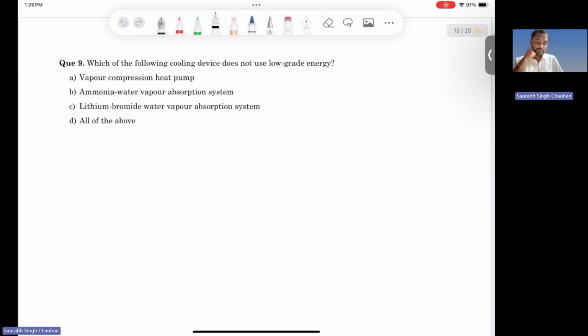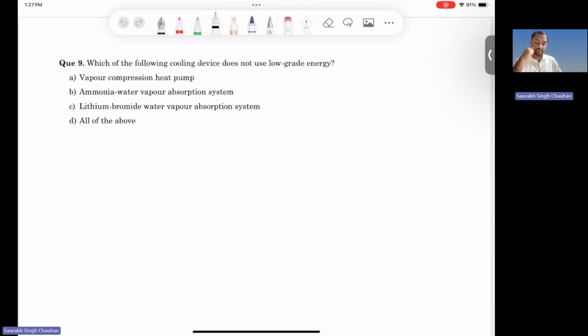Question number 9 says, which of the following cooling devices does not use low grade energy? One is the vapor compression heat pump, the ammonia water vapor absorption system, the lithium bromide water vapor absorption system, or all of the above. So you will see all these options one by one. The vapor compression heat pump we have already discussed, right?